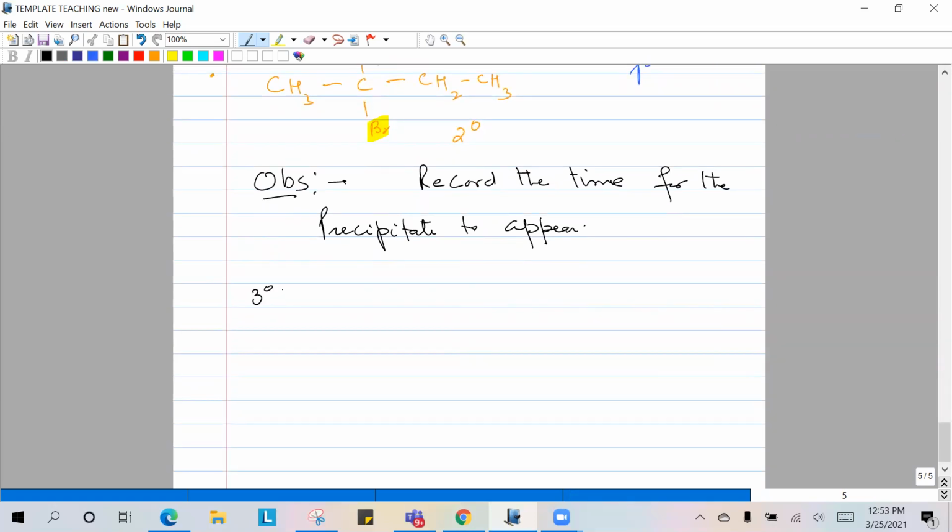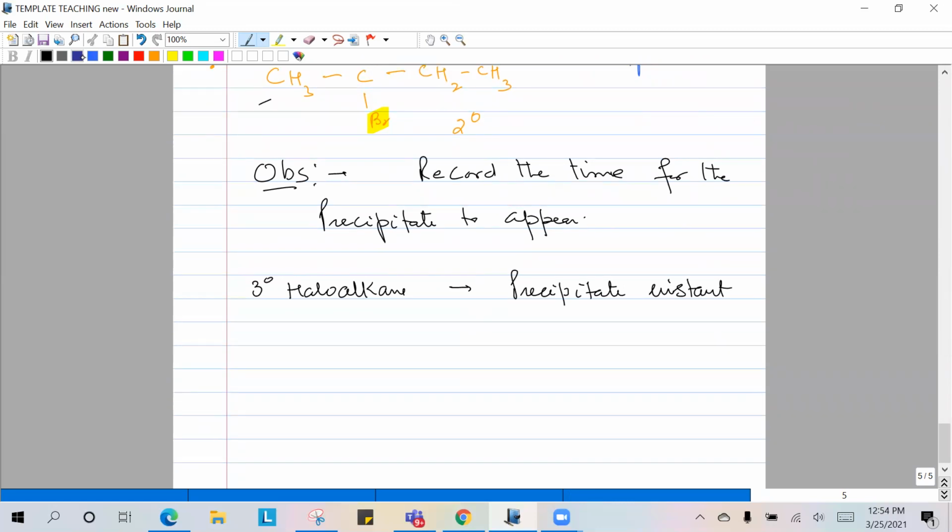In tertiary haloalkanes, the precipitate would be instant. The moment you add AgNO3, you will observe the precipitate. Secondary haloalkane, the precipitate appears after a while.